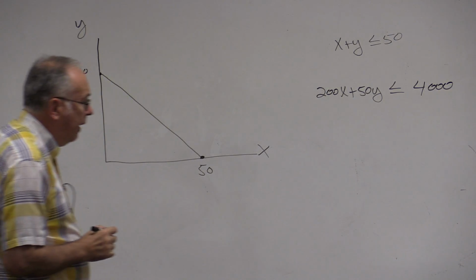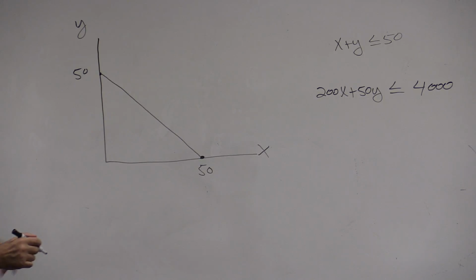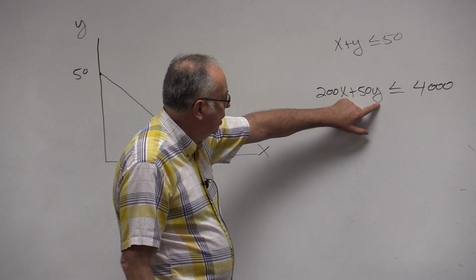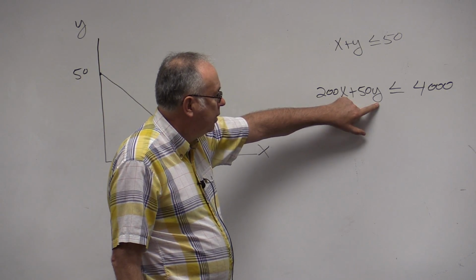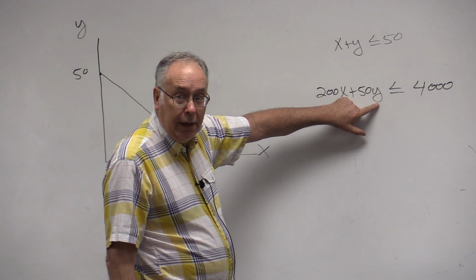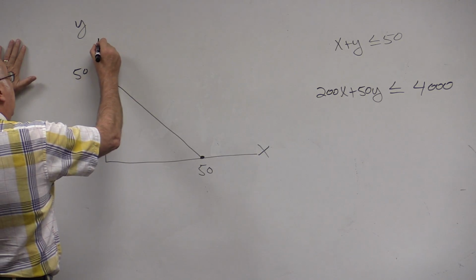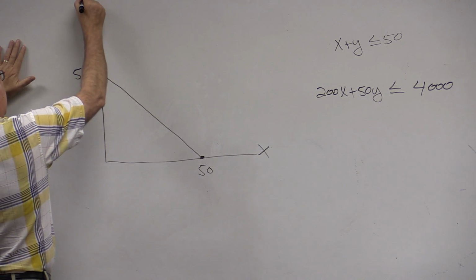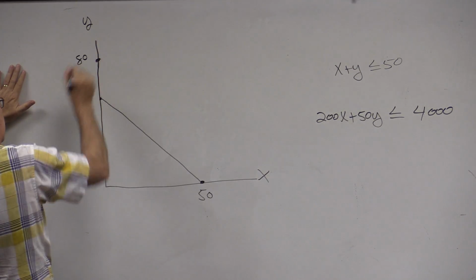If you graph this, just resolve this equation for y and you can see at most how many cups of coffee Ian could get. What would be the most cups of coffee Ian could possibly get? 80. So that will be the vertical intercept up here. Say 80 was right here.